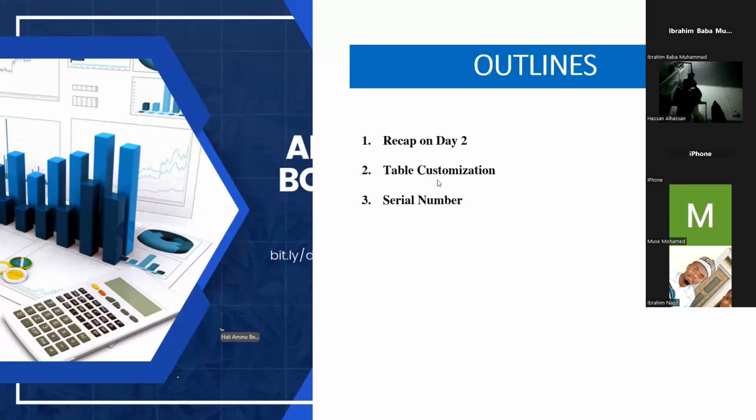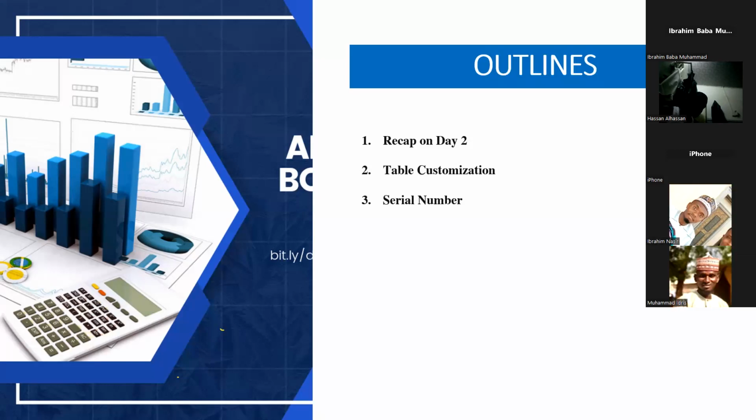So, a recap of yesterday. If you can recall, yesterday we discussed cells and cell designation, where we talked about cells being the rectangular boxes in Microsoft Excel, which everyone used to get very scared of. We said that they have no effect whatsoever on whatever you are doing in Excel.